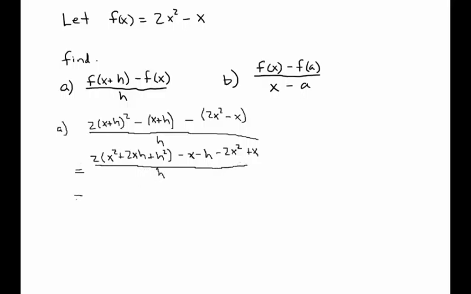And this is equal to, now I'm going to multiply the 2 through the parentheses. So 2x squared plus 4xh plus 2h squared minus x minus h minus 2x squared plus x, all divided by h.